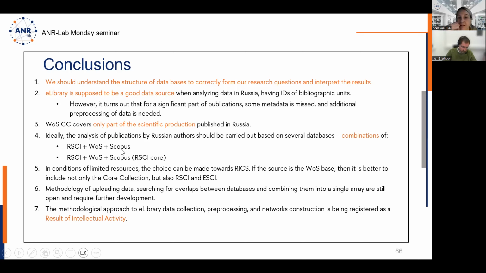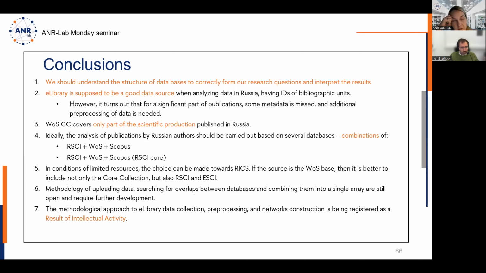But we also think that it is interesting to include Scopus, because according to this analysis of intersections, it is seen that usually more publications are indexed in Scopus than in WOS. So if we would like to include some international database, then it would be better to also have Scopus.